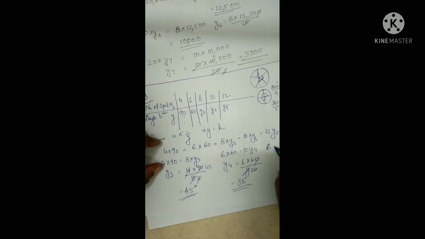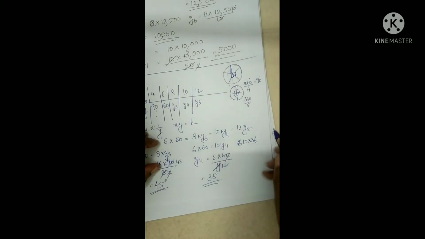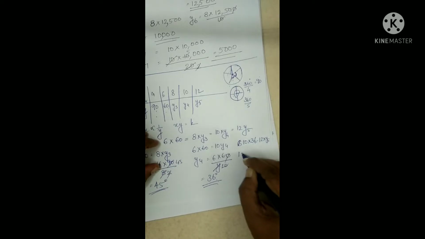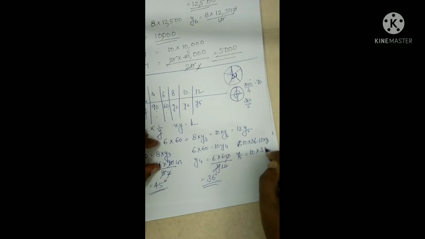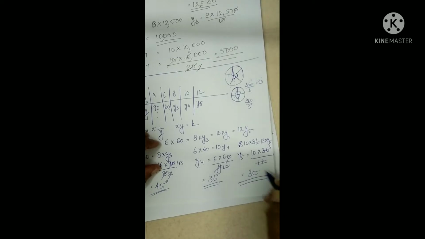That is 10 into 36, 10 into y4 is equal to 12 into y5. So y5 is equal to 10 into 36 upon 12. 12 threes are 36. So you get 30 degrees.